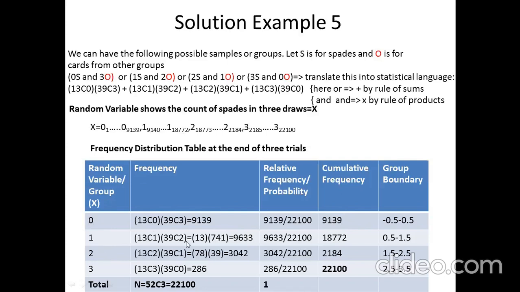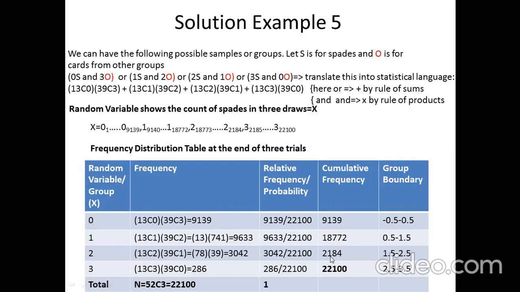Then how many twos? There were 3042 twos. But in the data set, how would we obtain it? When we add this 3042 to the preceding cumulative frequency value, which was 18772, we should get basically 20,000, right? So there's some error.